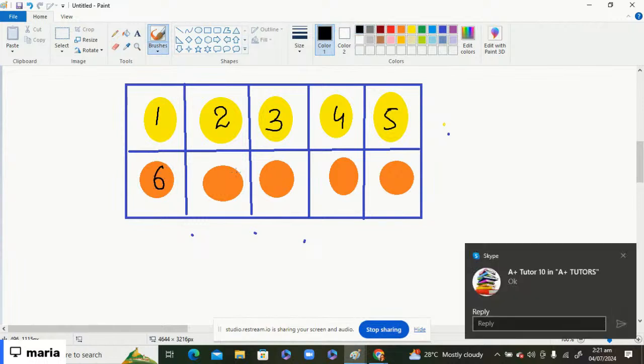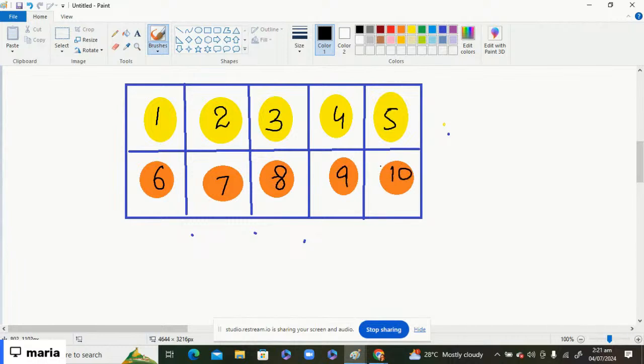It's six, seven, eight, 9, and 10. Now here the total are 10. So how many more dots that you need? One, 2, 3, 4, 5. Okay, total dots that you need are 5. So this is your correct answer. Understand?